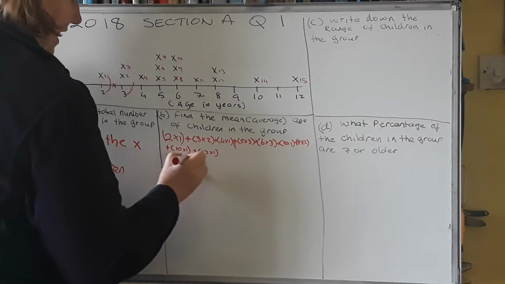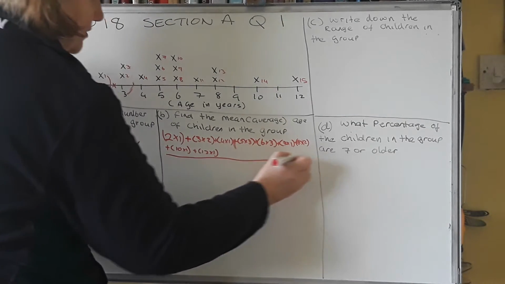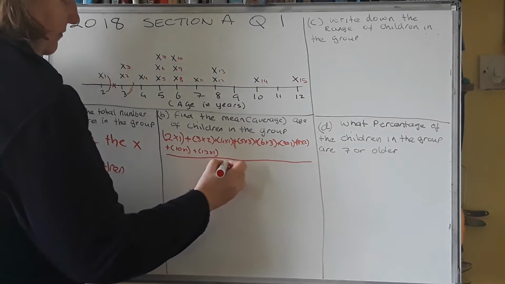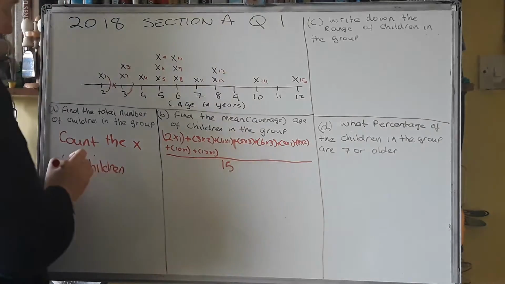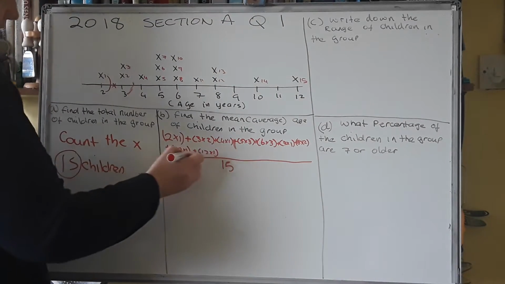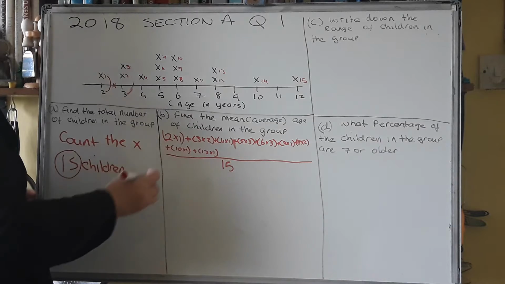Okay, and when you've multiplied those and added them all up, you're going to divide them all by the total number of children, which is 15. So all of those divided by 15.